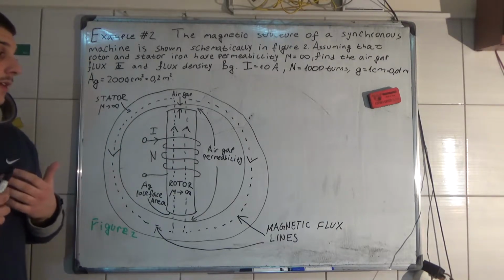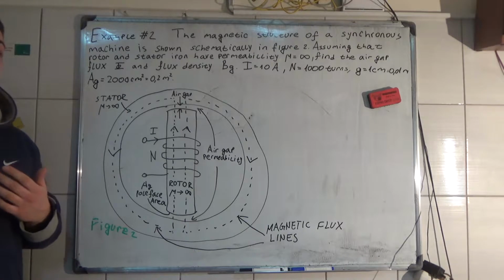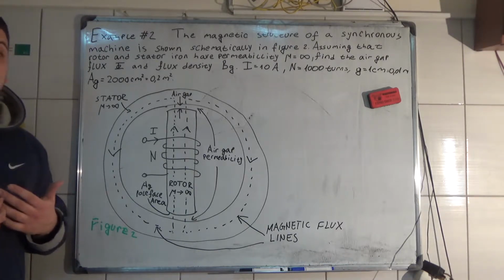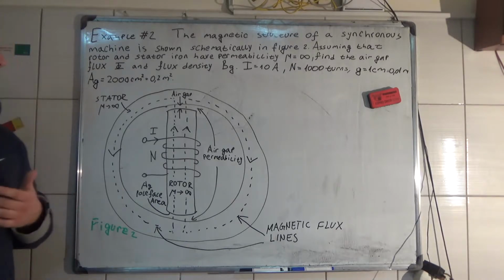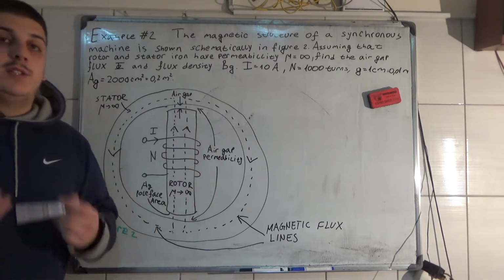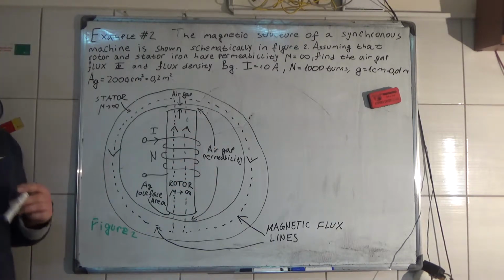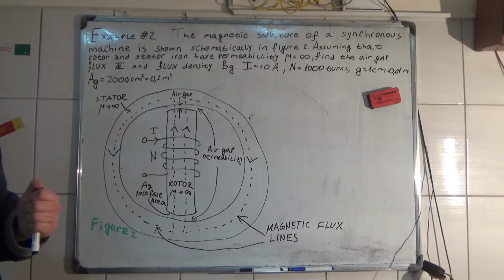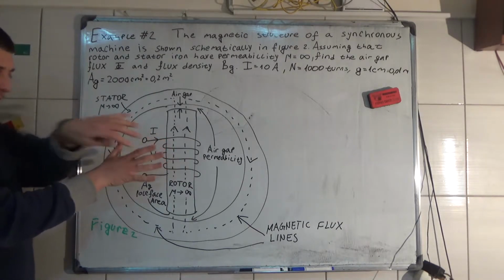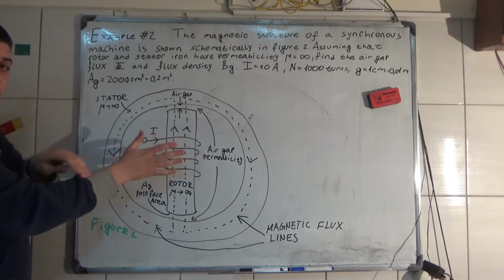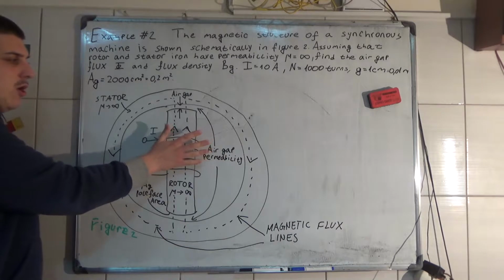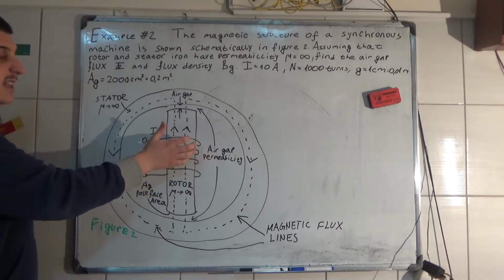Well, if the fringing and the leakage are ignored, are negligible, then the flux all around this machine is the same. Now, what is the direction of the flux? Well, these fingers are going to show the direction of the current, and this right thumb is going to show the direction of the magnetic flux density.